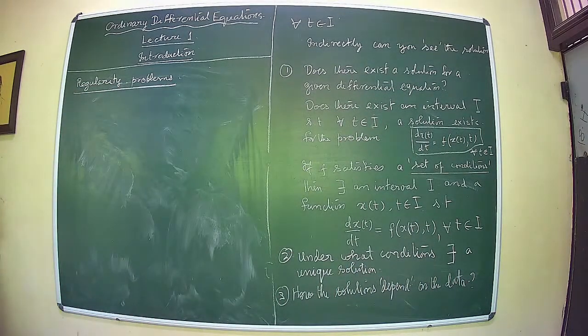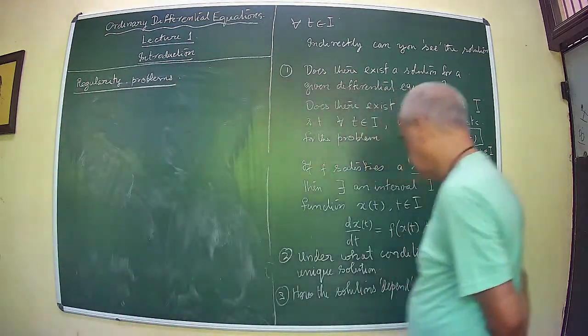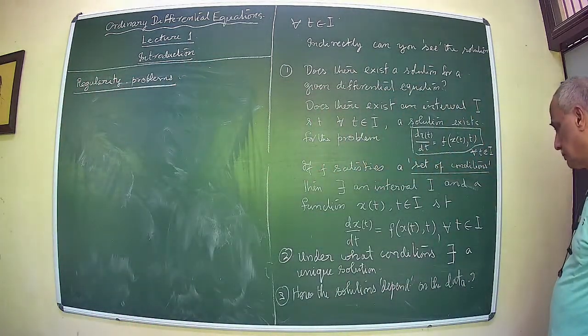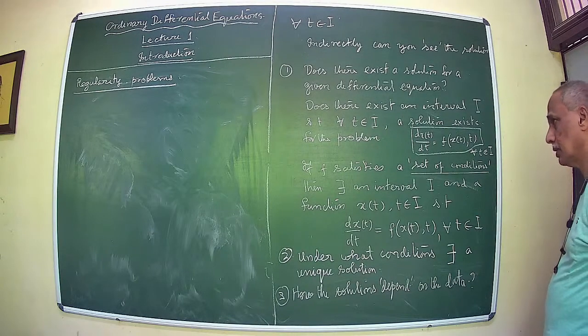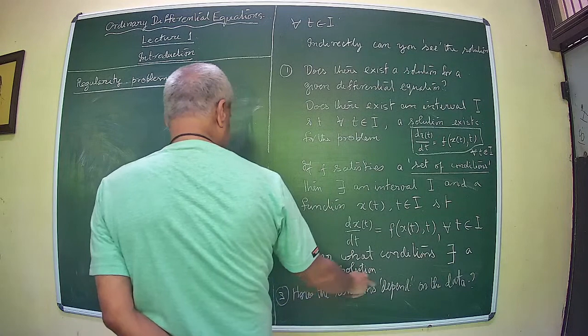How do the solutions depend on the initial data? Or what is, it's not the same thing as this.